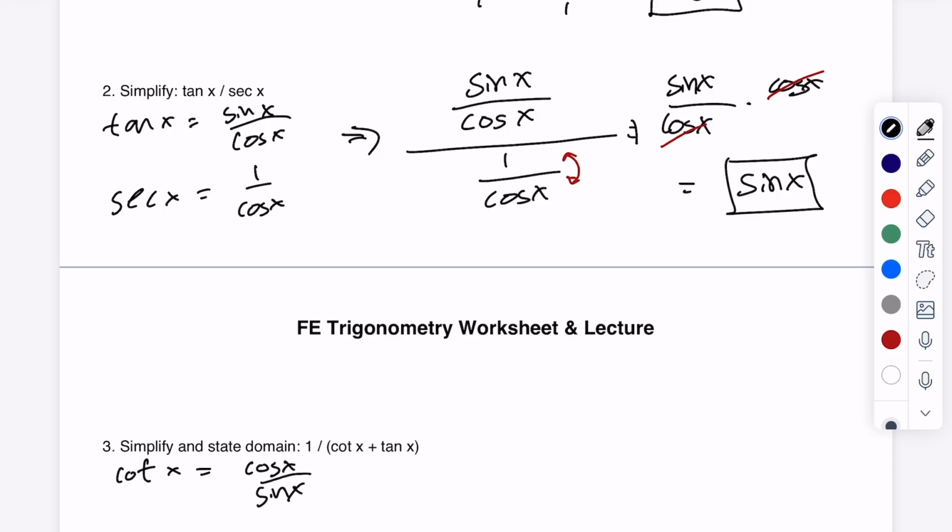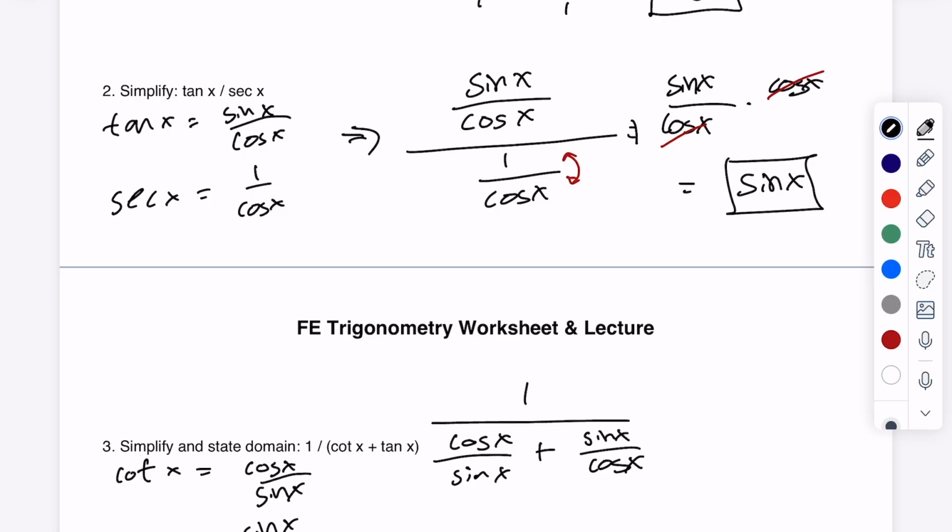And tangent x is equal to sine over cosine. So what we have here is 1 over cosine x over sine x plus sine x over cosine x.